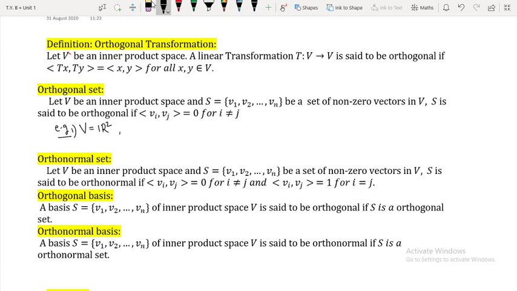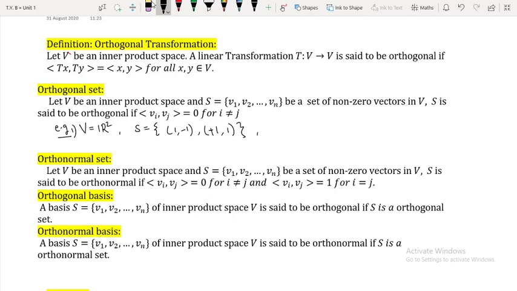So if I go for S is equal to {(1, -1), (-1, 1)}, so I'll go for plus 1. Okay, so if I take this set, so this set is going to be orthogonal.